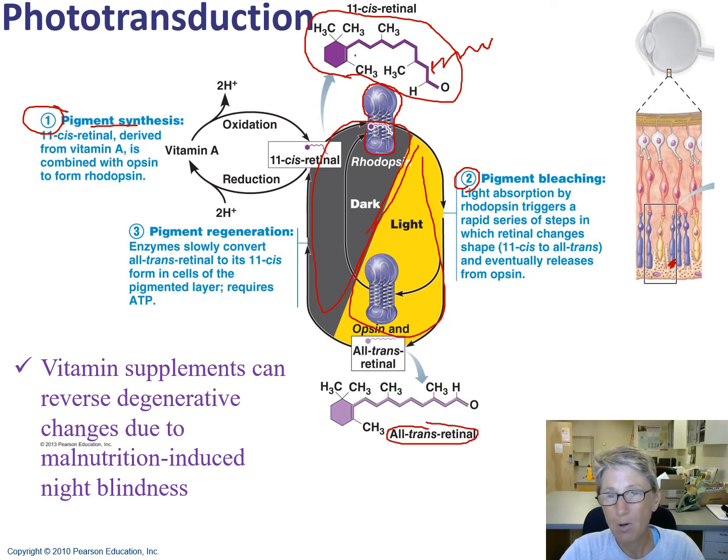See up here how retinal is bent. Now in the presence of light, retinal is straight. And then when retinal is straight, it can release itself from the big purple thing here, opsin.